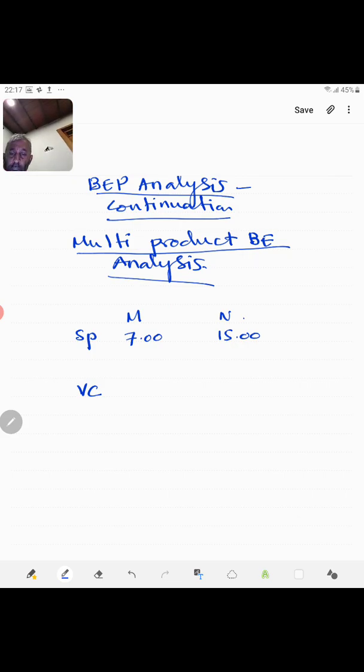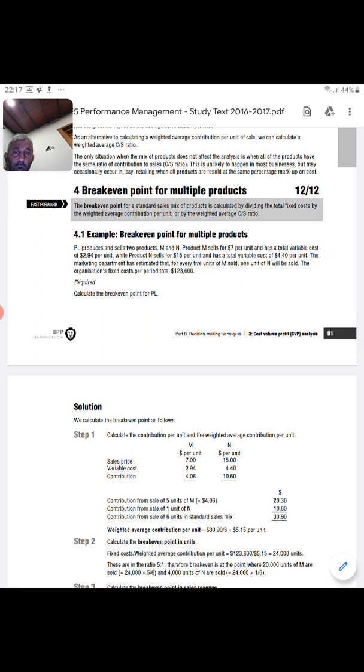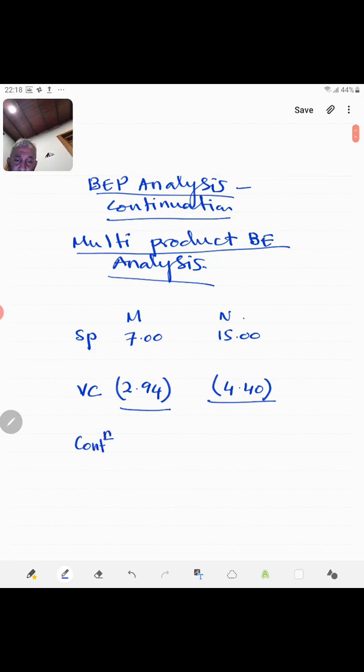The variable cost was given to us as 2.94 and 4.40. As a result, we can calculate the contribution of each product.